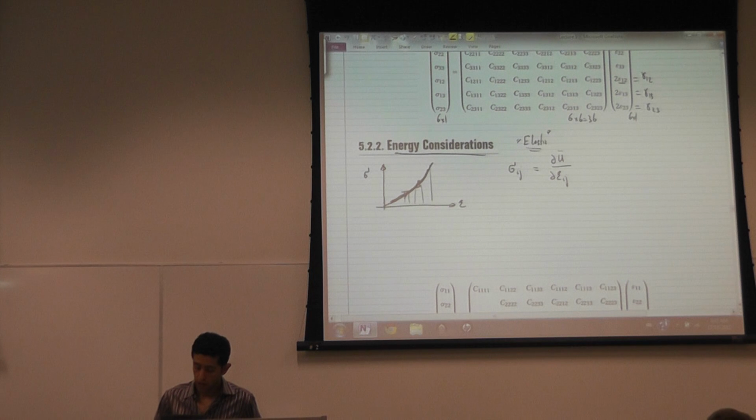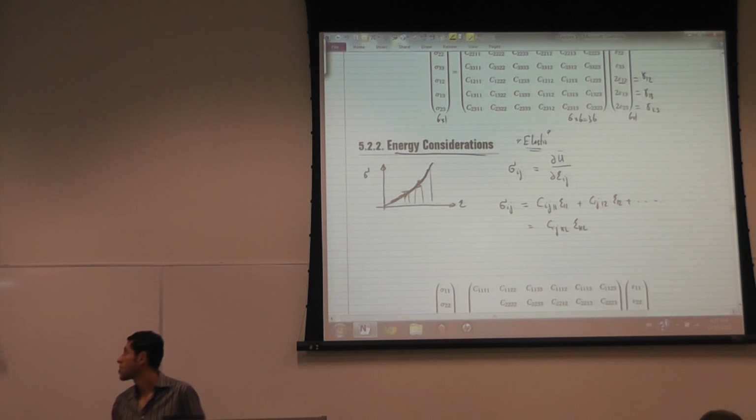So let's see how this will help me. I will say that sigma ij is equal to Cij 11 epsilon 11, plus Cij 12 epsilon 12, and so on, which is equal to the sum, but I'm not going to write the sum: Cij kl epsilon kl.